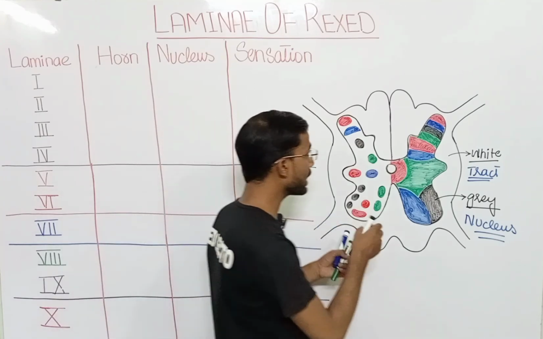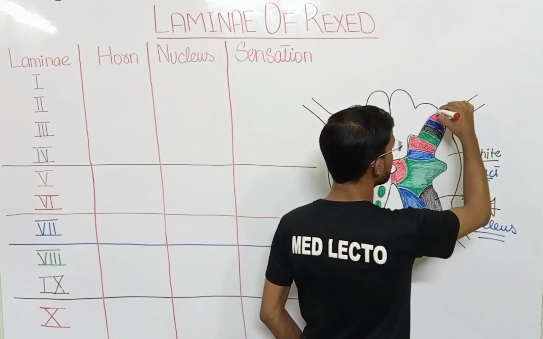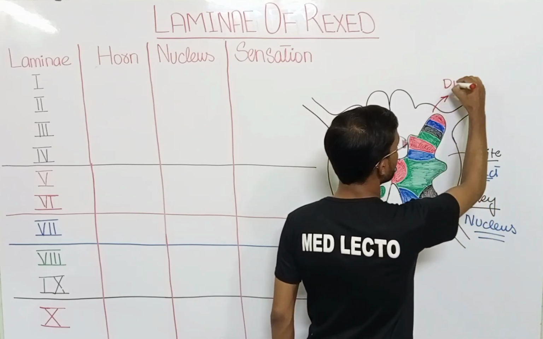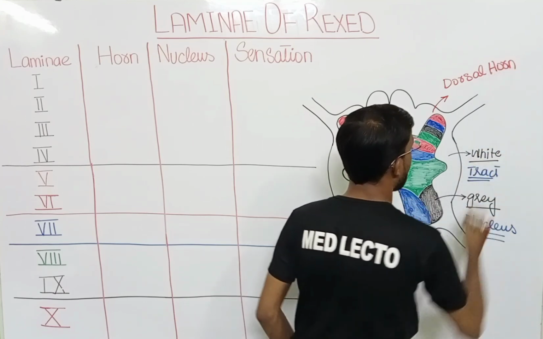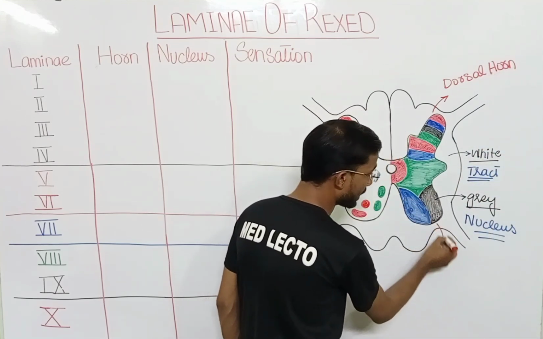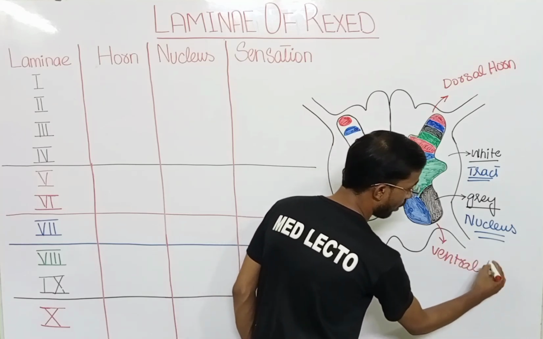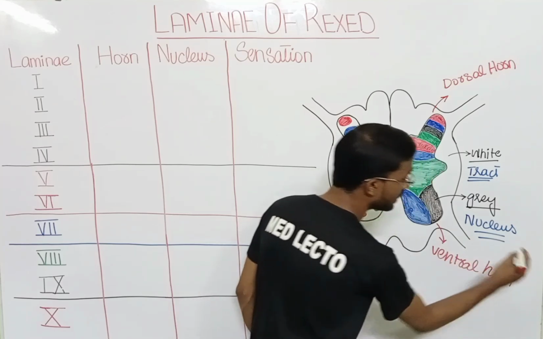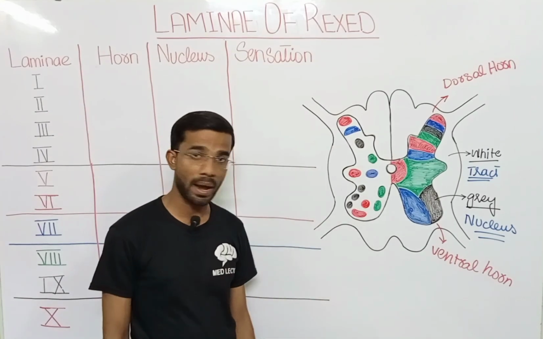First, at the dorsal side, you will see the dorsal horn, and at the ventral side you will see the ventral horn. So these two horns are present throughout the spinal cord.